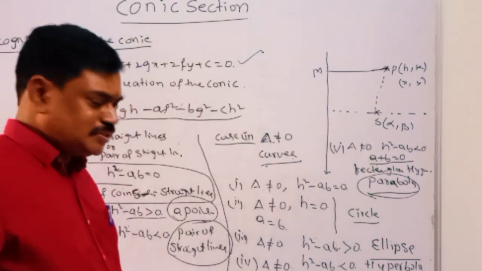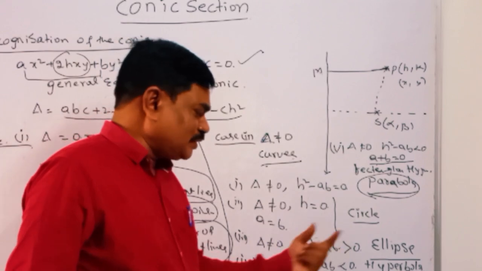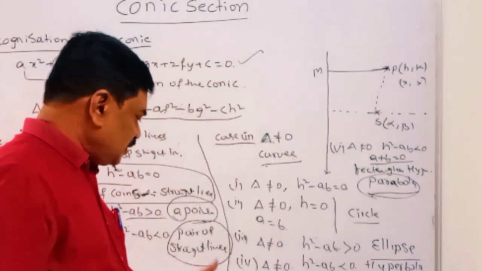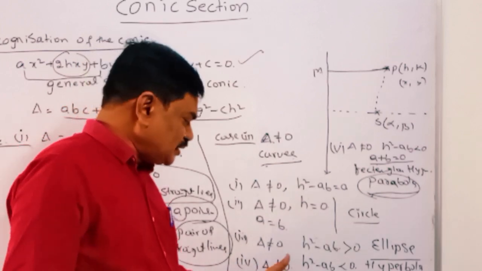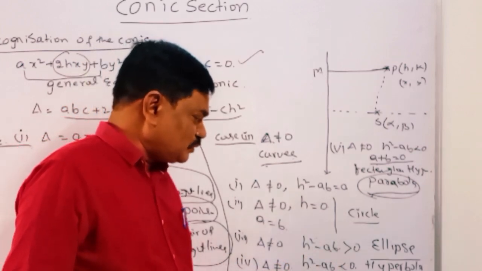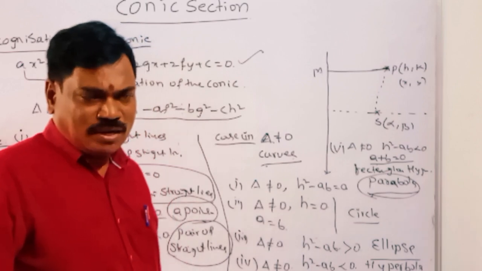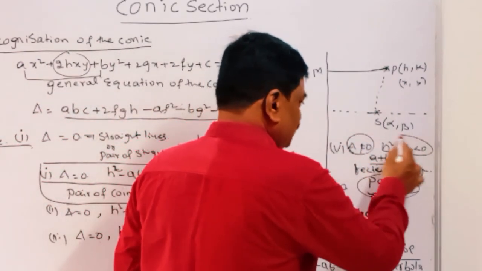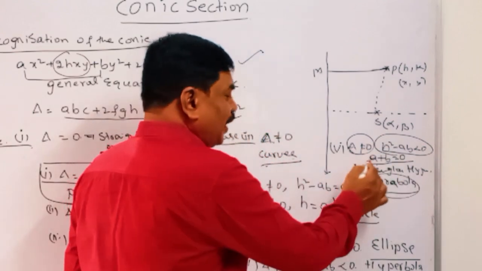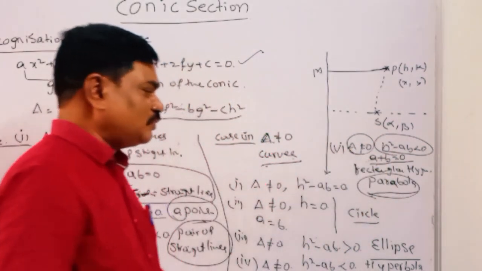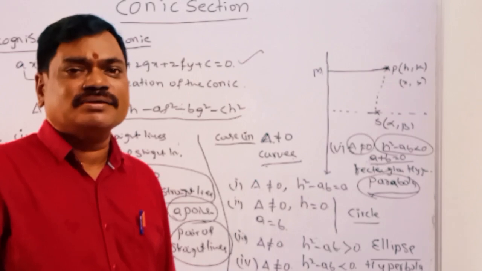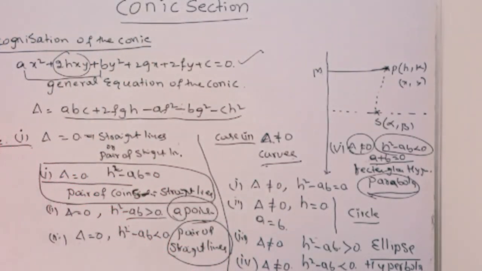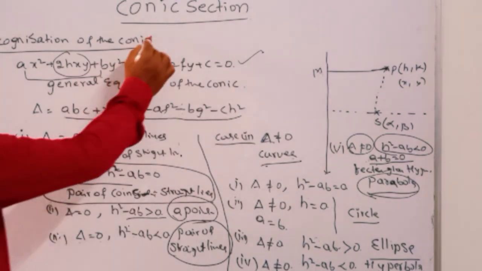Delta not equal to 0, h square minus ab greater than 0, it represents an ellipse. Delta not equal to 0, h square minus ab less than 0, it represents a hyperbola. And delta not equal to 0, h square minus ab less than 0, a plus b is equal to 0, it represents a rectangular hyperbola. These are very important in conic sections.